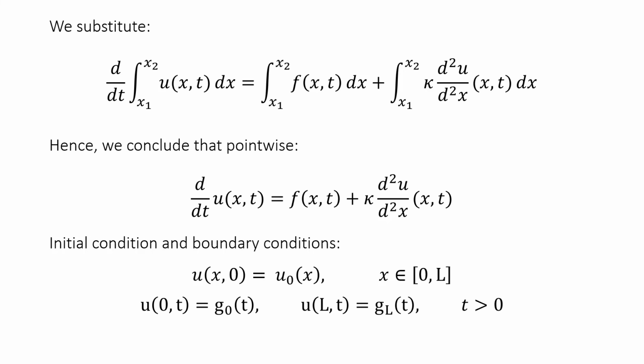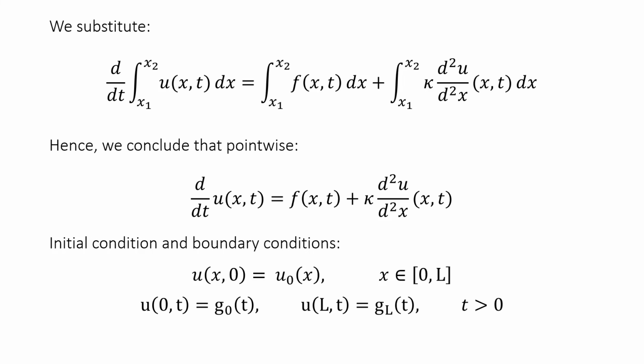Now, as already mentioned before, we need to adorn this partial differential equation with initial and boundary conditions. We have got the initial heat distribution, and that translates into the initial condition that u(x,0) equals u0(x) for all x between 0 and L. That is, for all x within the interval.